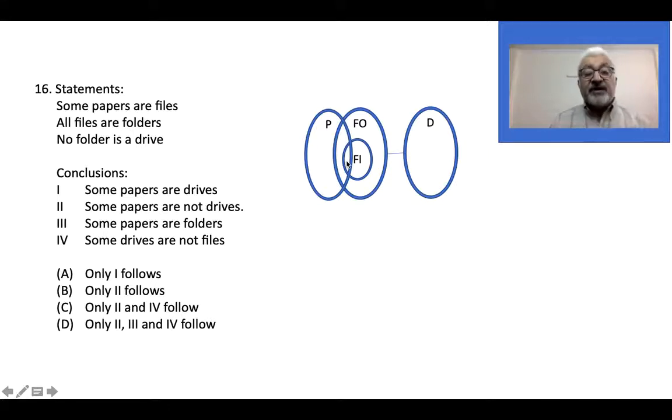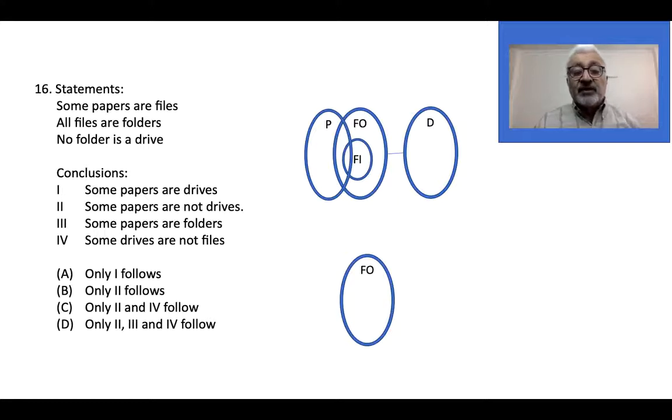What do we need to find out over here? Some papers are drives. Are you sure there is an overlap between papers and drive? Not in this one, but can there be an overlap between papers and drive? He has said keep folders and drives away from each other, put the files inside the folders and show an overlap of papers with files. All right. Can I do it in some other way also?